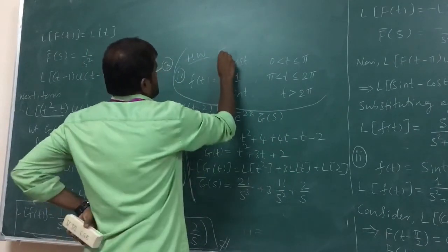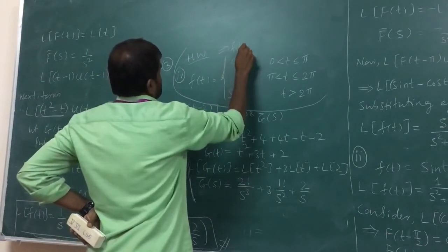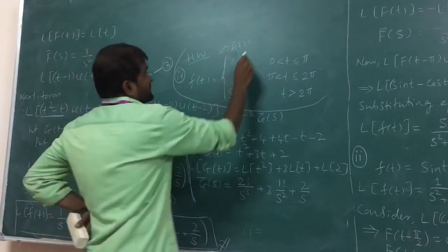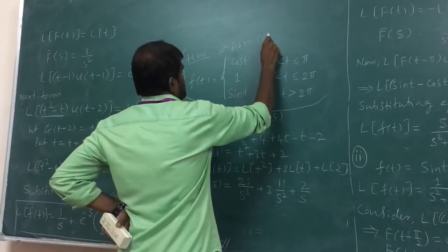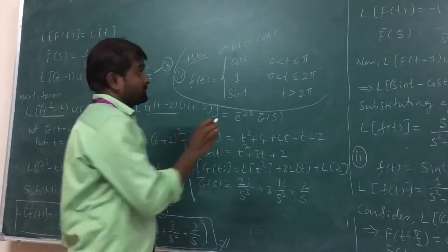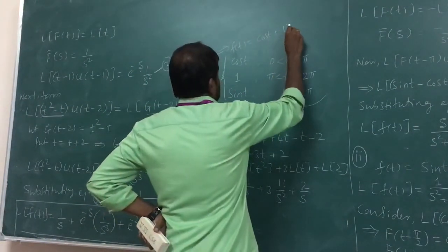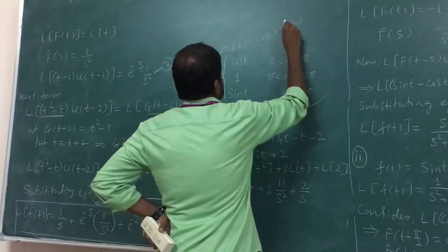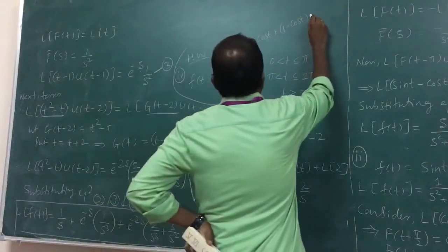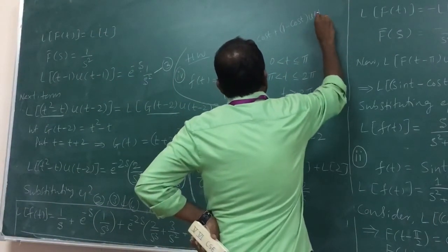So f of t equals f1, f2, f3. F1 is cos t, plus next f2 minus f1 times u of t minus pi, where f2 minus f1 is 1 minus cos t.